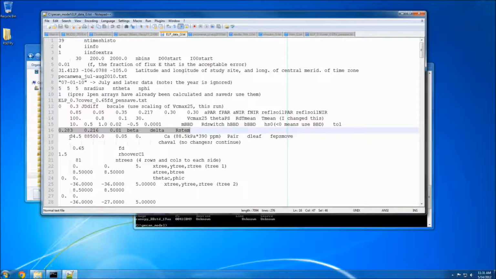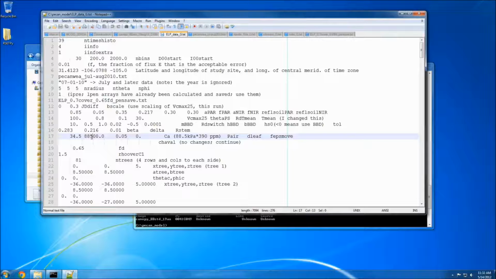Some more environmental information. We have to know the CO2 partial pressure in the free air. It's 34.5 pascals, corresponding to a mixing ratio of 385 parts per million and a total air pressure of 88,500 pascals.